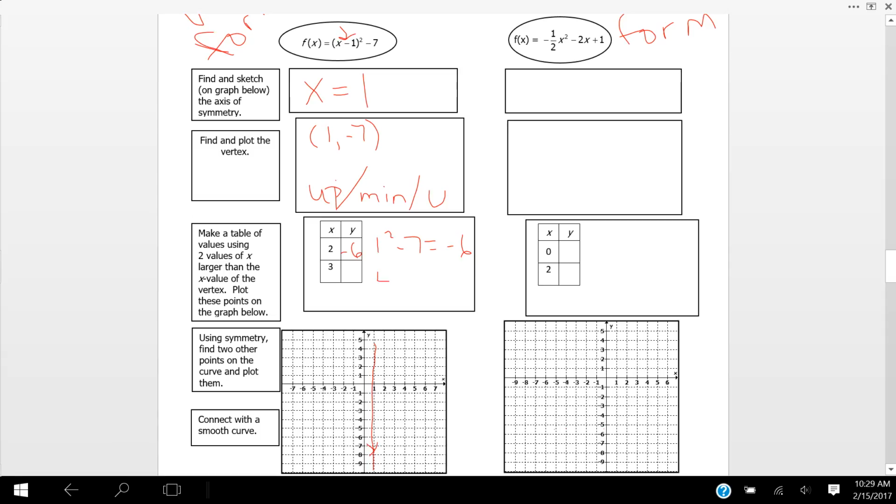So I have 2 squared, 4 minus 7, which is -3. So I have 2, -6 is a point, and 3, -3 is a point. And since it's mirrored, I can do a -6 over here and a -3 over here. And hopefully you can see the parabola is going to look kind of like that.